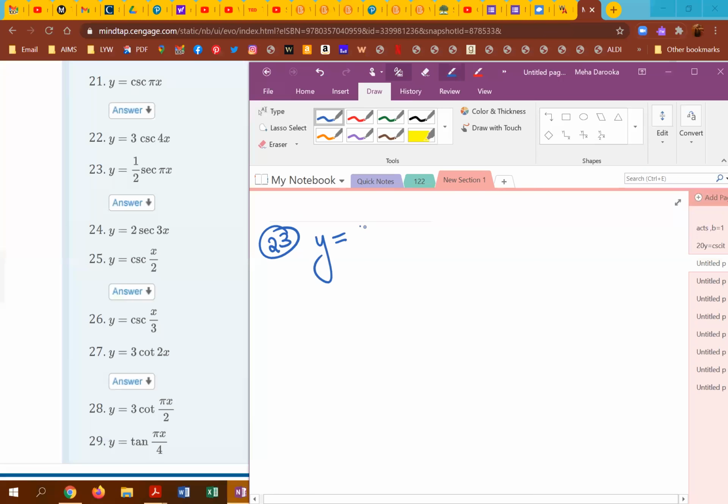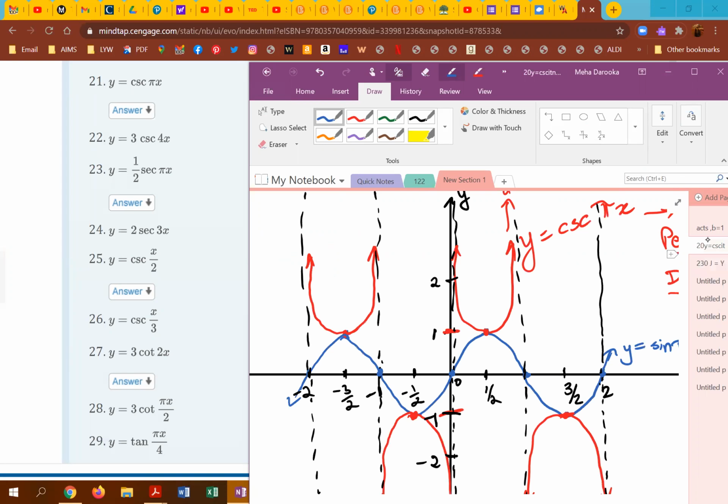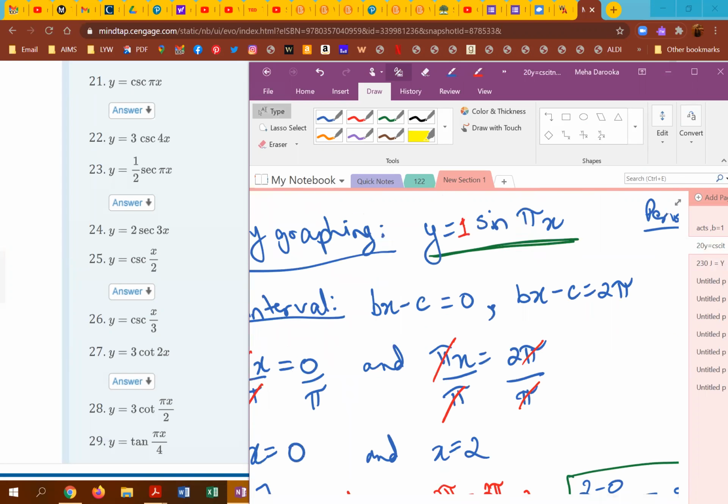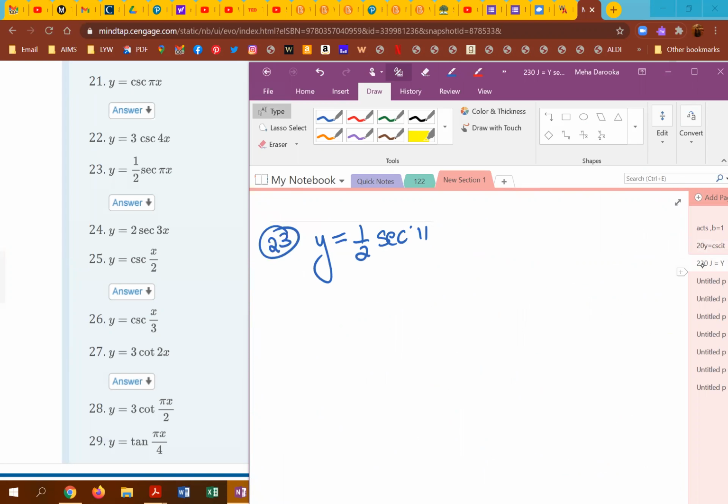So we have y equals 1/2 secant of, oh, that is also pi over x, which is what we had in this guy. You know what? Let's not do 23. Let's do 24 because I don't want to use the same b value. Let's just change that to 24, which will change this guy here to a 2. And this will become 3 times x.